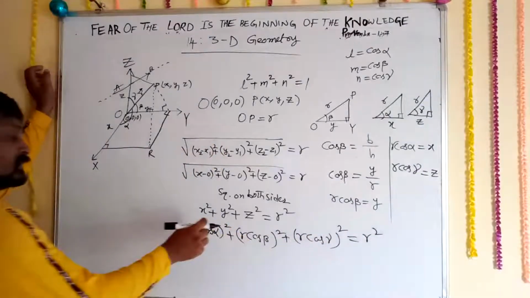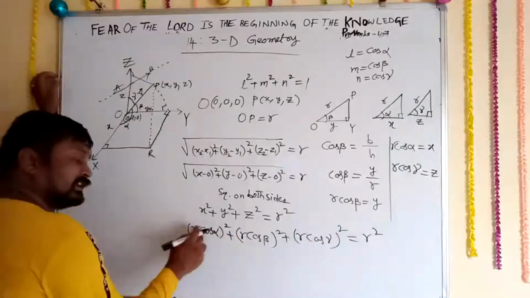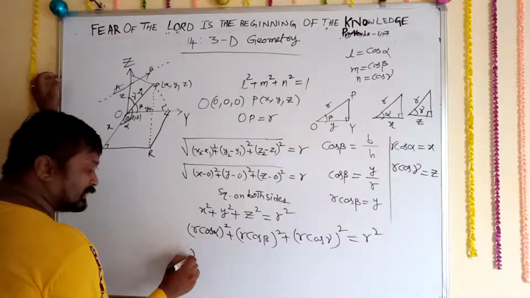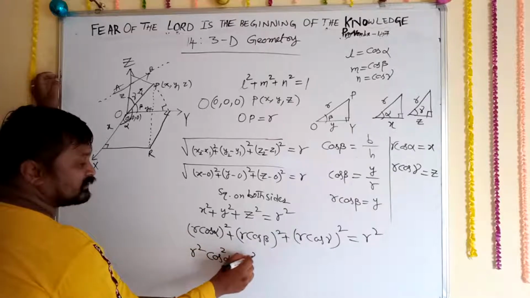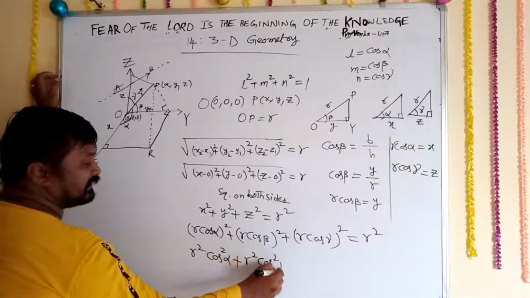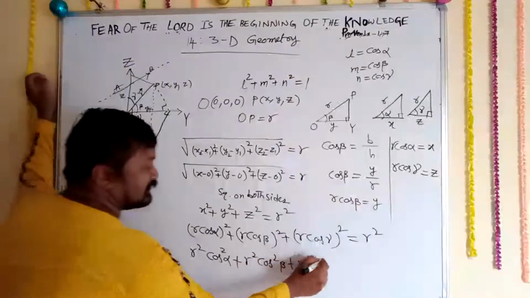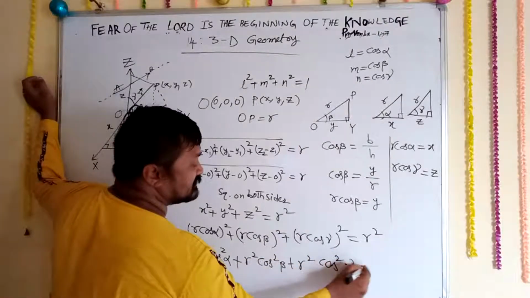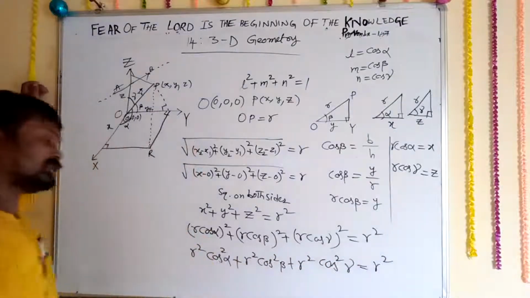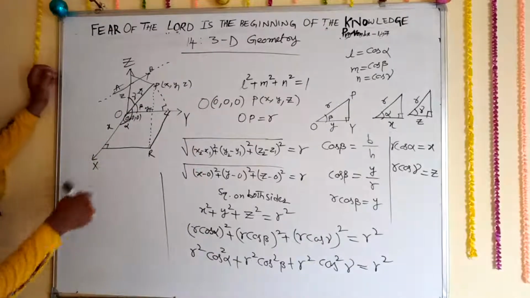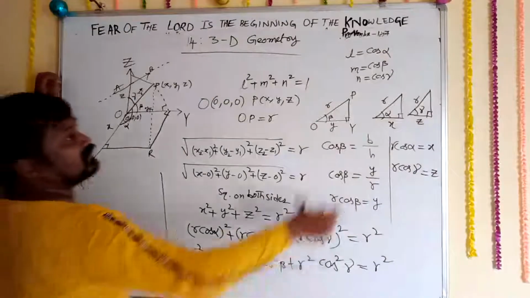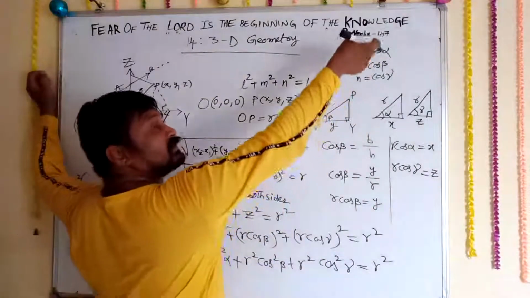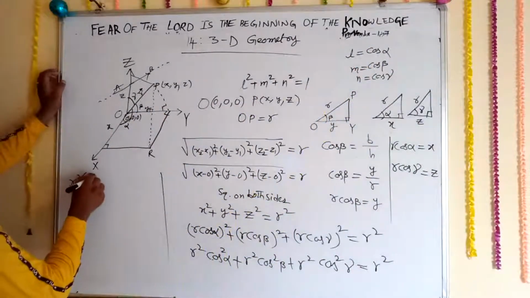Now, I will give the square for both: r square cos square alpha, r square cos square beta, r square cos square gamma is equal to r square. So now the remaining part here, I am writing r square common, we get cos square alpha. Cos alpha means l, cos square alpha means l square.